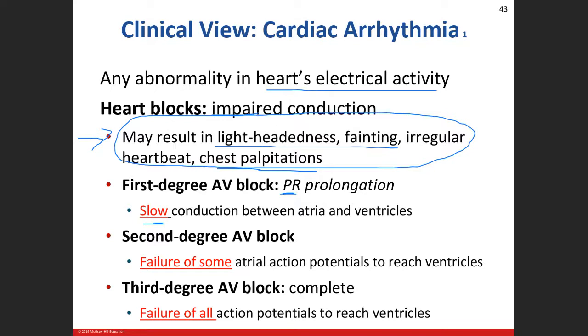And finally, third degree is when we are not getting any action potentials going to the ventricles. That's a big problem, obviously. That could lead to death, severe compromising of tissues because we're not pumping the blood out there. So the third degree block is complete. There are several causes for that.